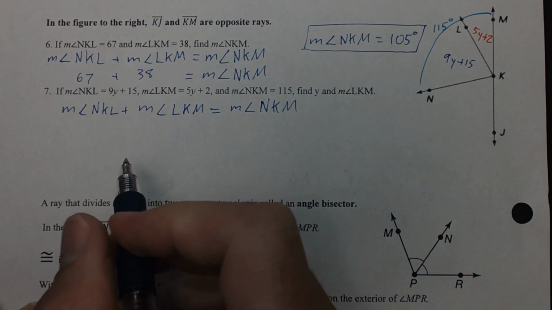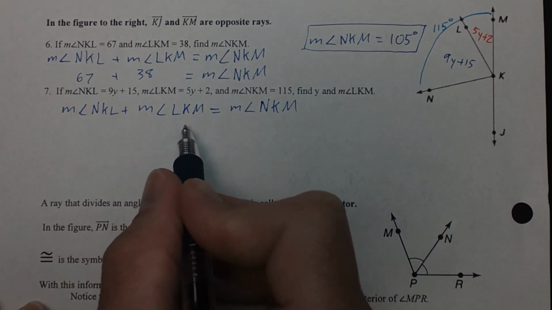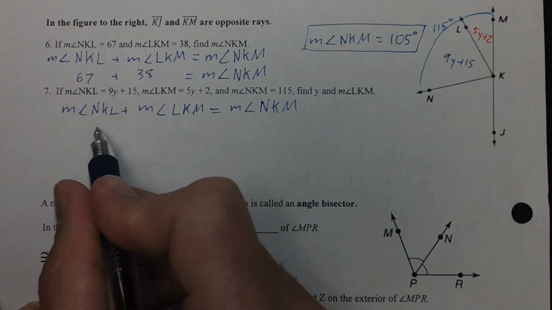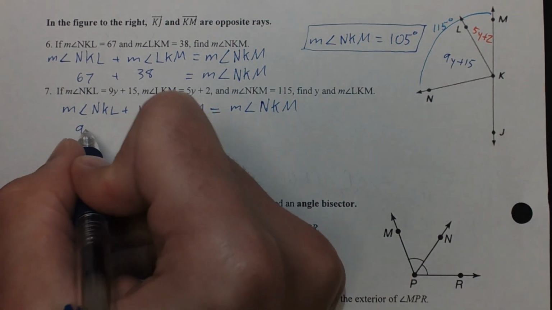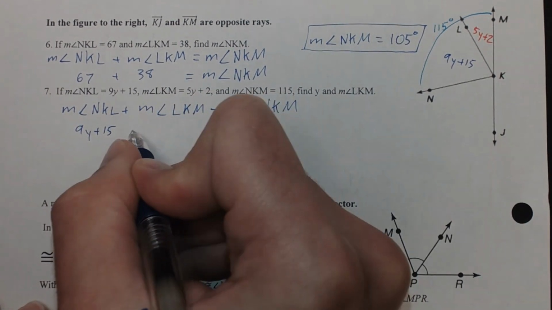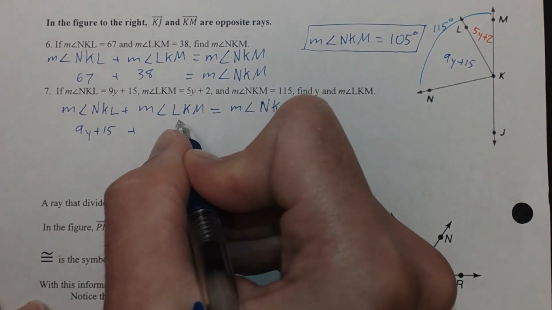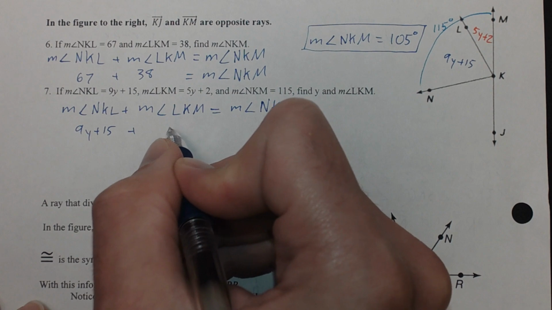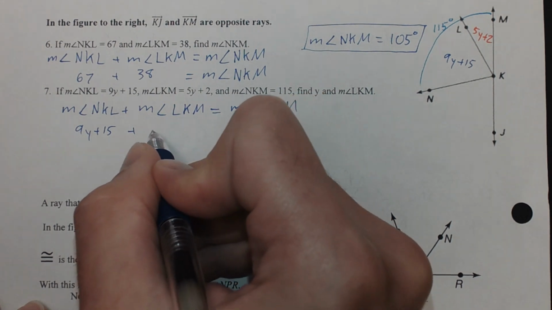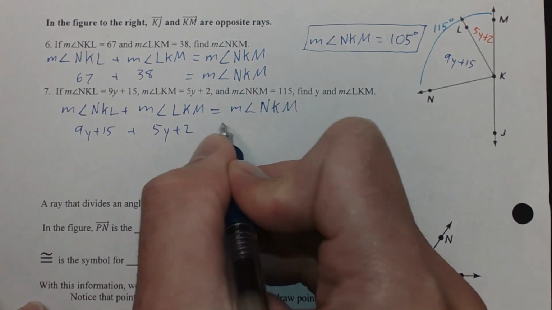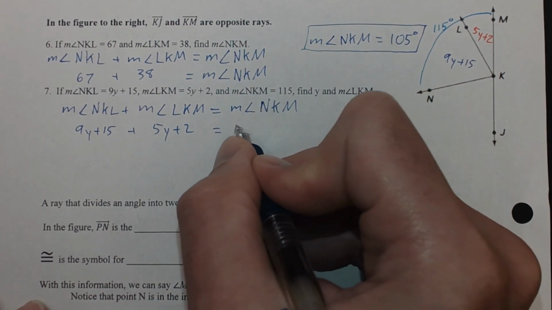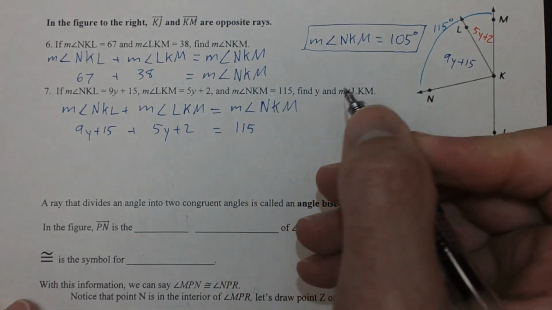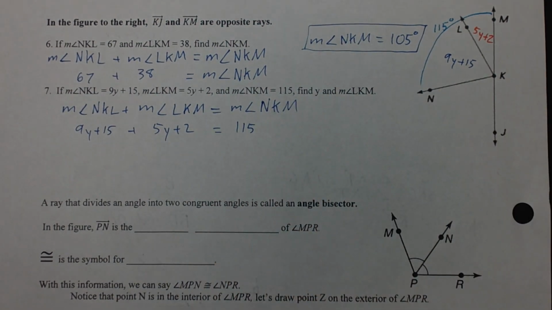Okay, and what do we have that we can fill in? We know NKL was given as 9y plus 15. And then the measure of angle LKM was given as 5y plus 2. And the measure of angle NKM was given as 115. So this is our algebraic equation that we can now solve.